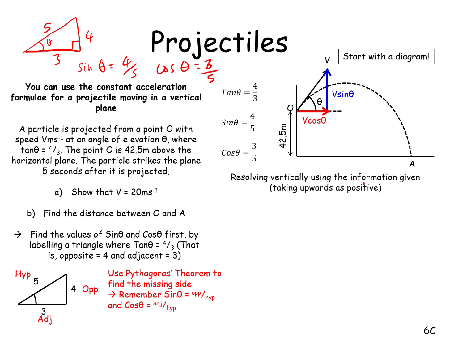Now resolving vertically using the information given, taking upwards as positive. The particle strikes the plane 5 seconds after it's projected, so the ball will be 42.5 meters lower after 5 seconds.